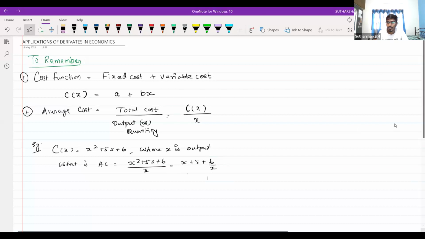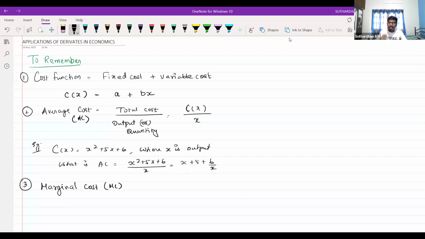This is known as my third one, the marginal cost. What is meant by marginal? Marginal is nothing but the difference in one quantity changing the cost of the other quantity. If I want to produce 100 quantities, I am spending a variable cost of 1000.